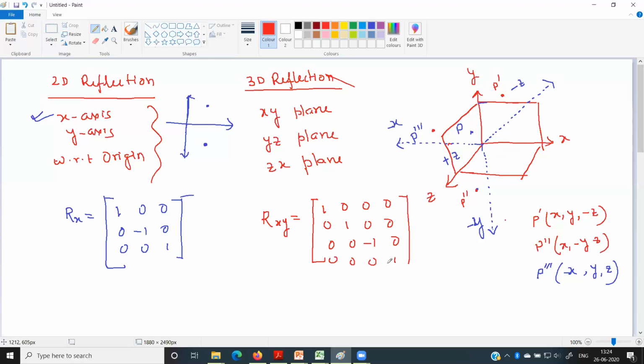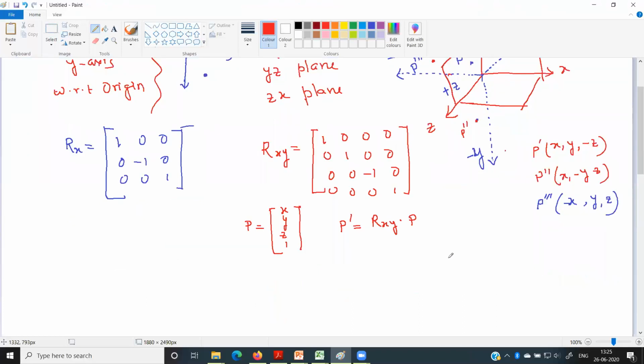So what will happen? You know Rxy, you know the point P, where P is x, y, z, 1. So if you multiply Rxy with P, then you will get the P dashed. So we can write that P dashed is equal to Rxy dot P. Fine.